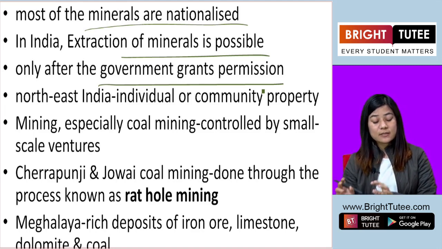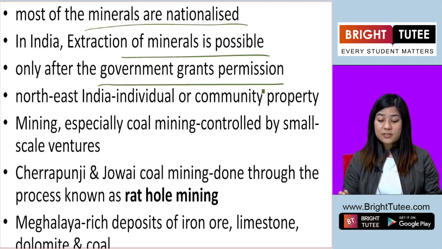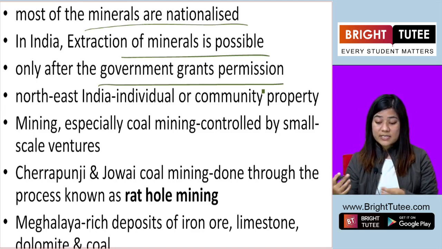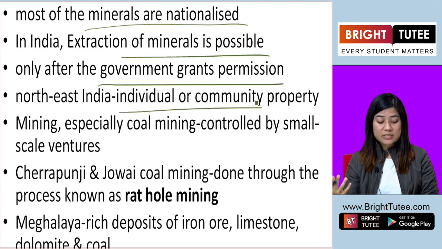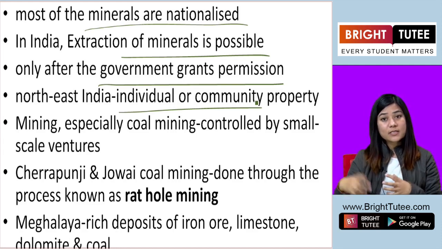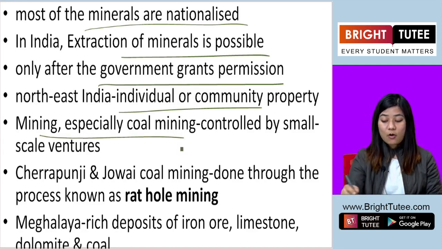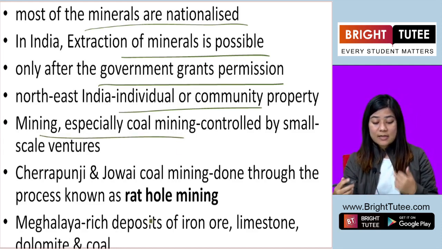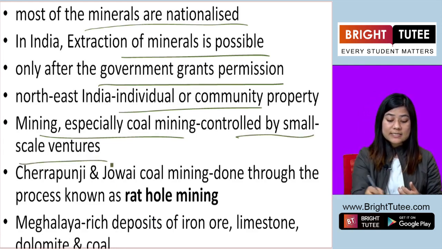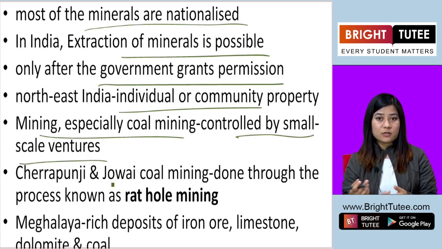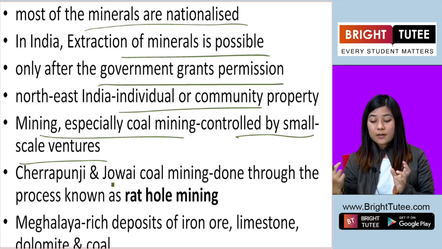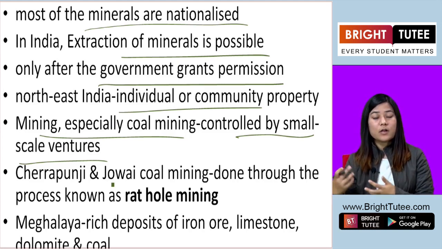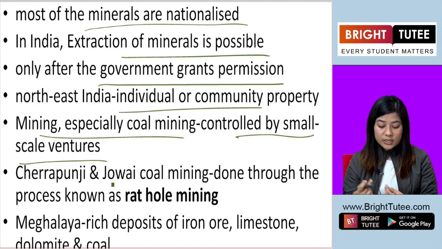In northeast India, the mineral sources are owned by individuals or communities. So the excavation or the mining of those minerals is controlled by small scale ventures. These are small initiatives which are done by the community, overseen by the community or the individual.